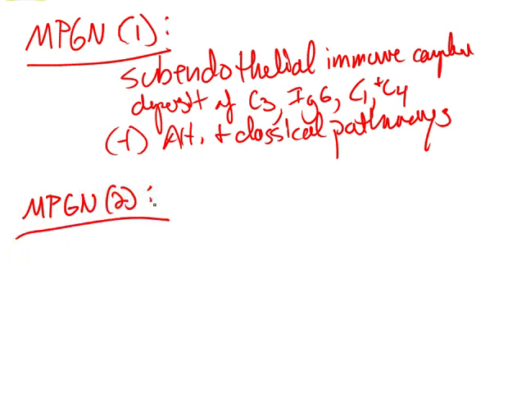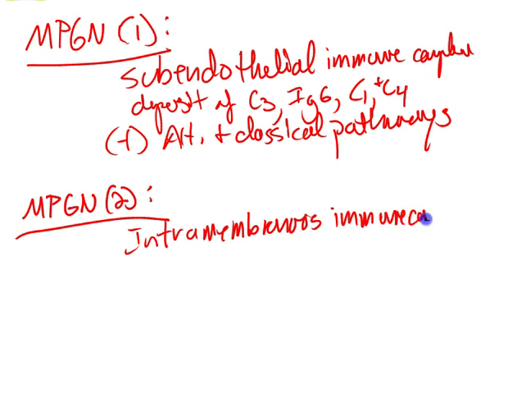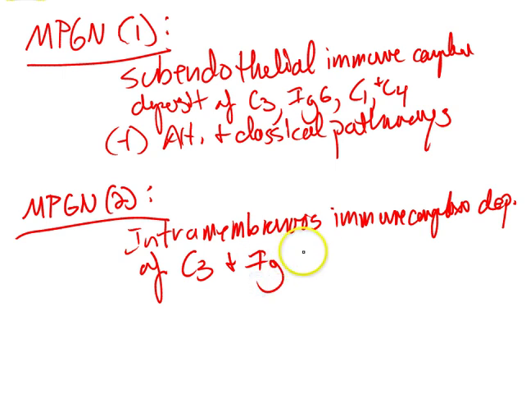So type 2. This is the dense deposition disease, okay? This is intramembranous immune complex deposition of C3 and IgG only.